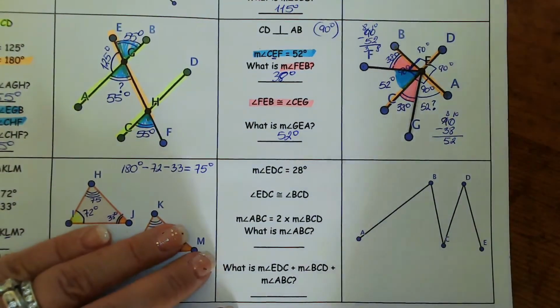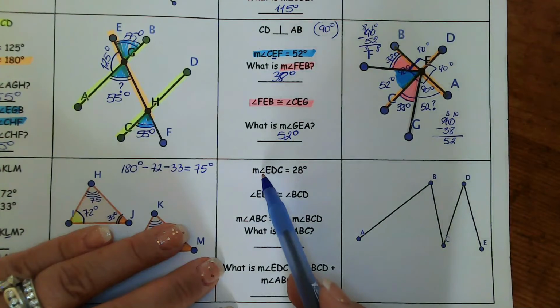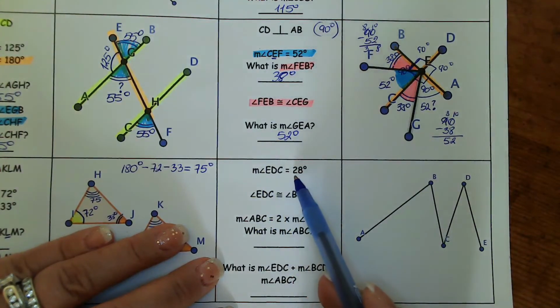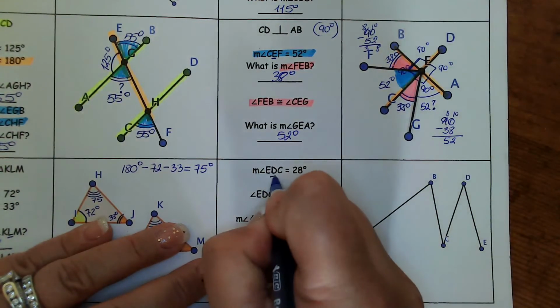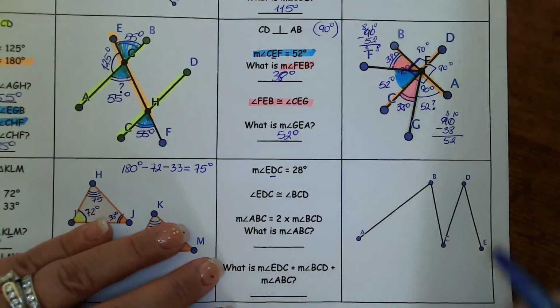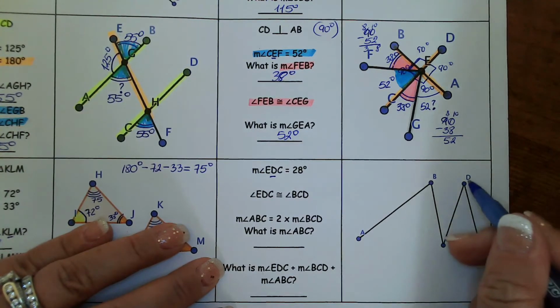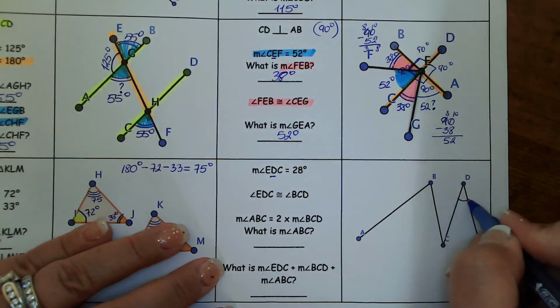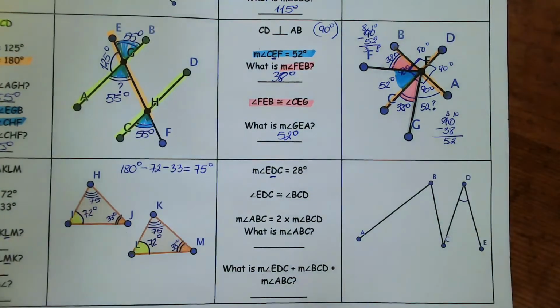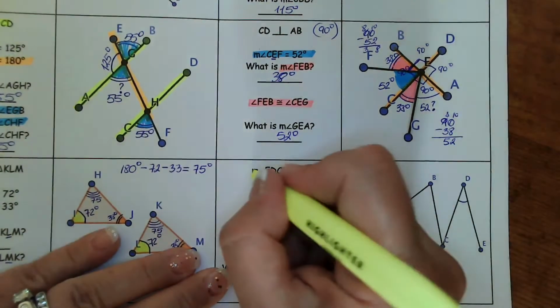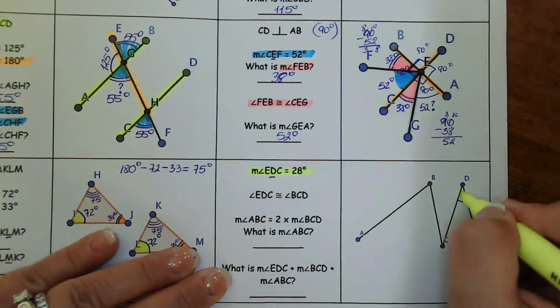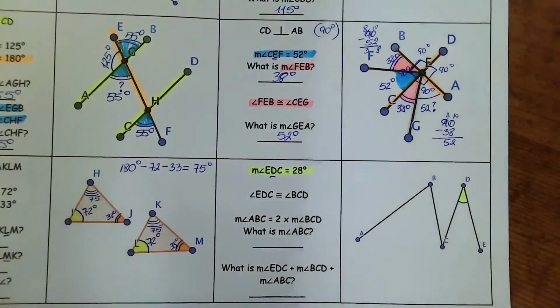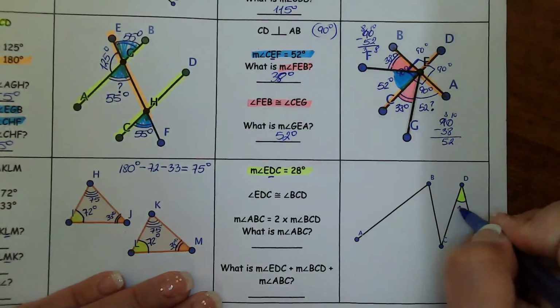Let's see the last problem. We have the angle EDC, 28 degrees. So D is in the middle. Let's go from E to D to C. EDC. Here's the opening, and that is 28 degrees. Let's mark that right here, 28 degrees.